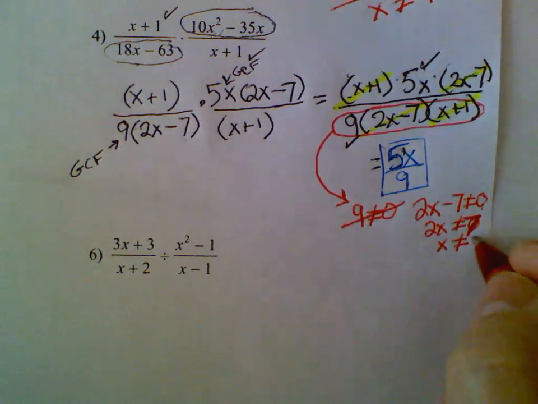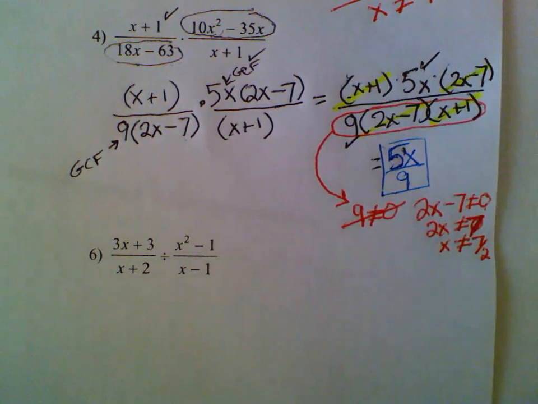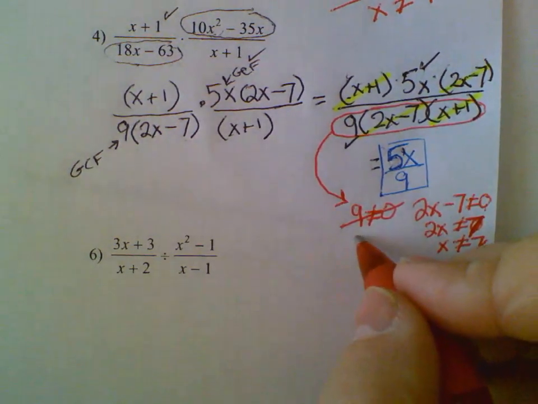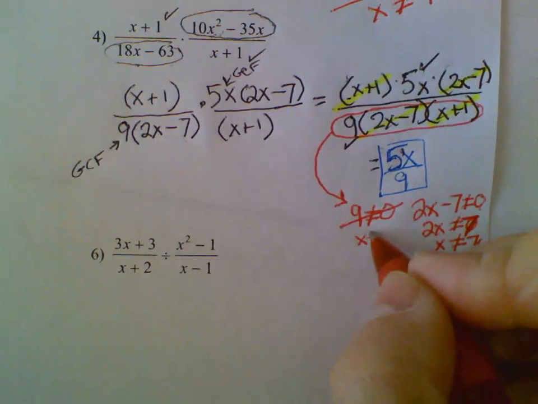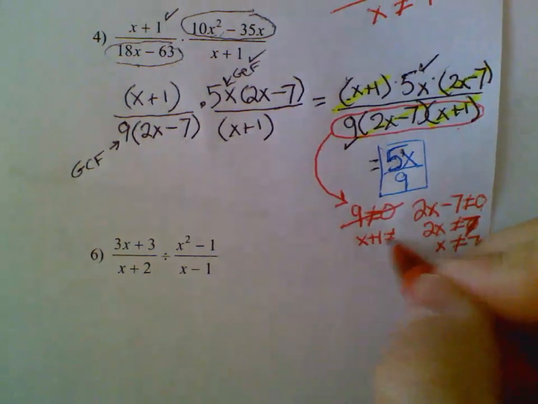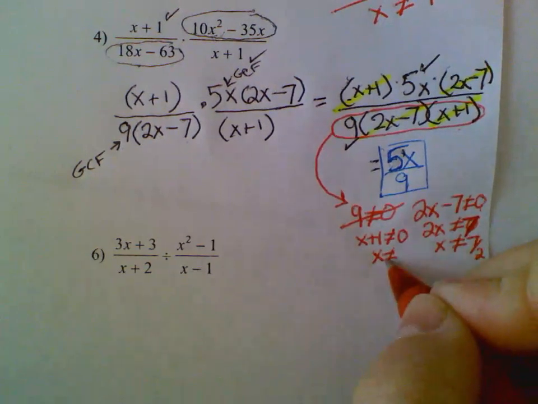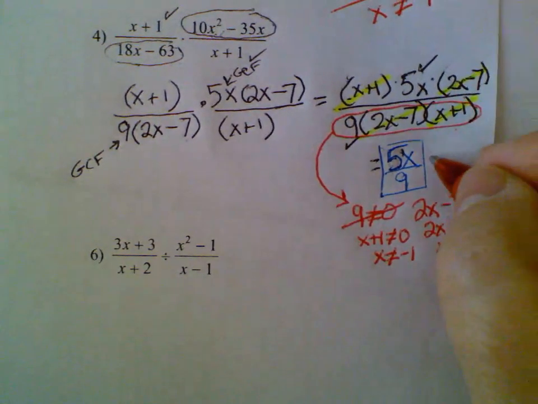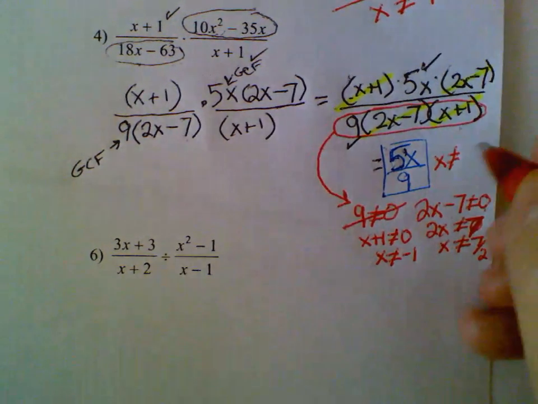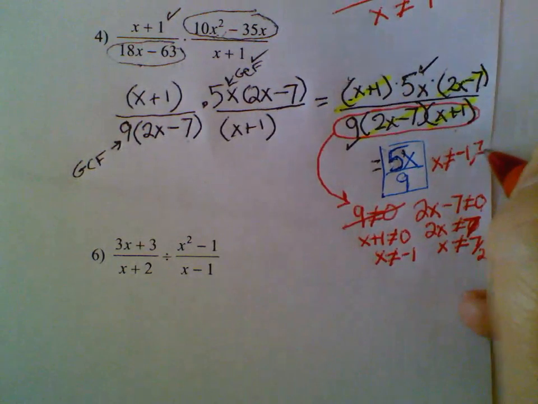Then when I divide by 2, I've got x not equal to 7 over 2. So that's one answer for my domain restriction. My other one that I have is x plus 1 from right here, not equal to 0. Well, there I just need to subtract 1, so I get x not equal to negative 1. So my two domain restrictions are x not equal to negative 1 and positive 7 over 2.